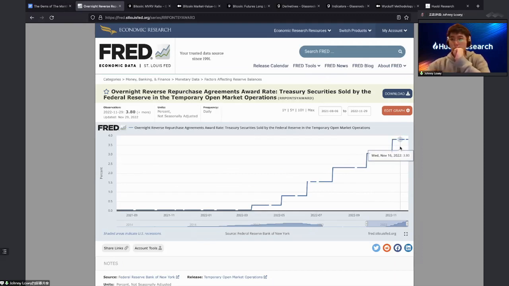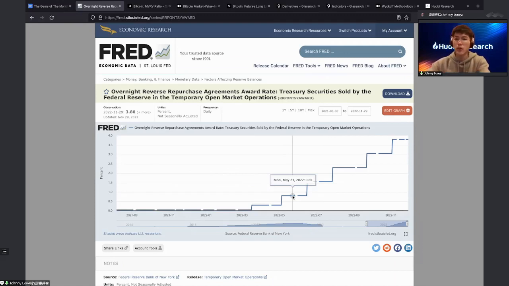And also a part of the reason why we're seeing a rapid drop in the total value locked in decentralized exchanges is that risk-free money is being made available by the Fed, and therefore money is being taken away. What I meant was that the reverse repo absorbed excess liquidity in the market by offering a better and more attractive award rate than the market, and then they take the money away with them.